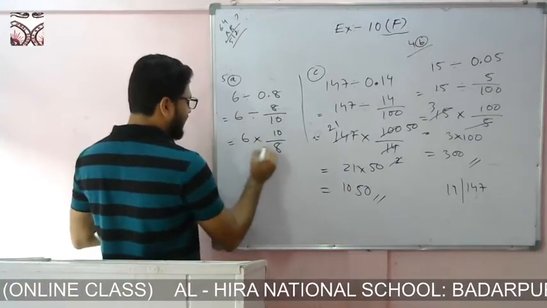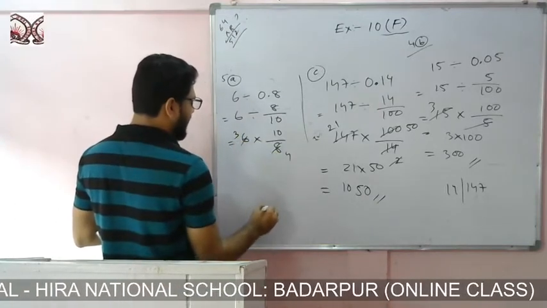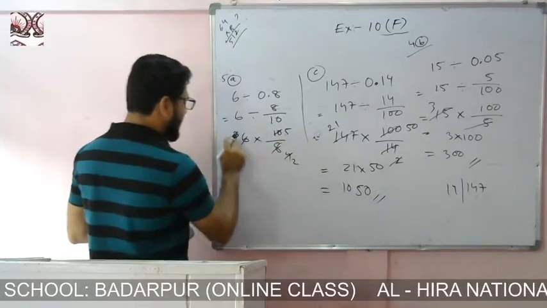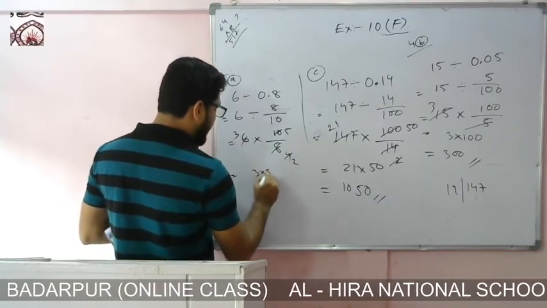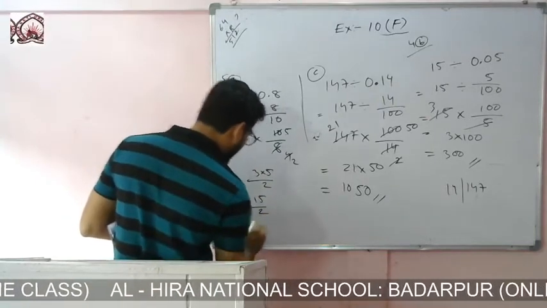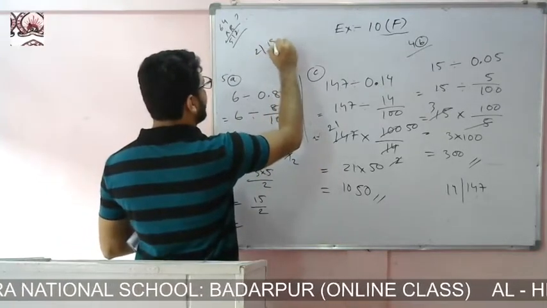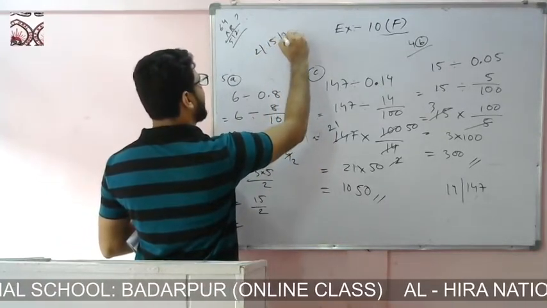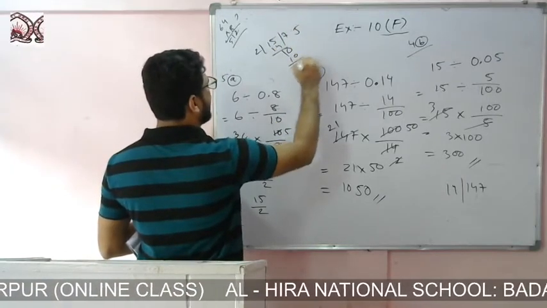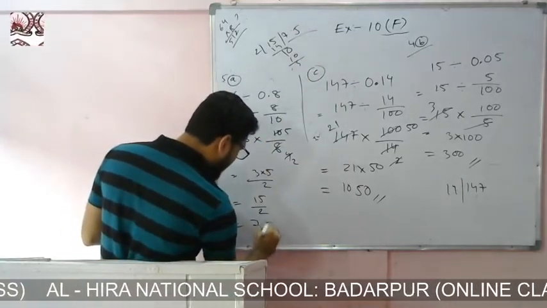So you cancel: 2 3s are 6, 2 4s are 8. Okay. Now 2 2s are 4, 2 5s are 10. So 3 5s are 15. 3 into 5 by 2. That means what? 15 by 2. 15 by 2. If you divide, then you'll get 2 7s are 14, and remain 1, 0. 2 5s are 10. So 7.5. Okay. So answer is 7.5.